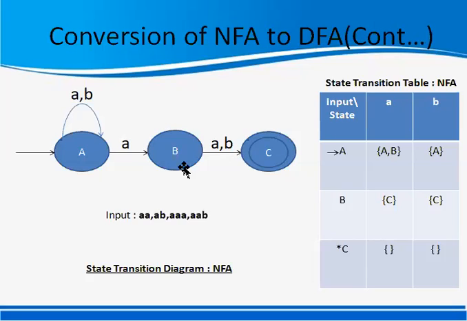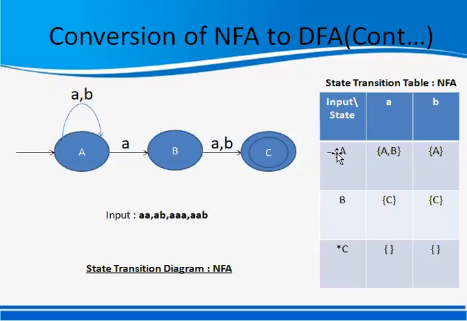Now we will construct the state transition table with the help of this state transition diagram. The column here represents states and the row represents inputs, input small a and input small b.